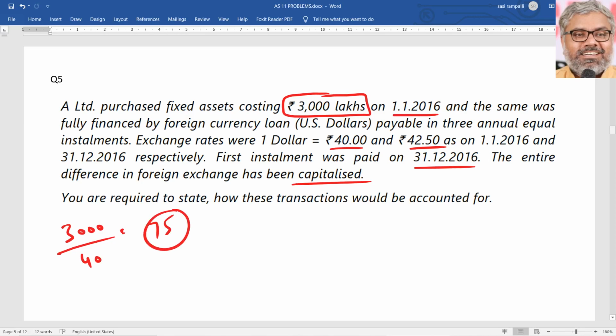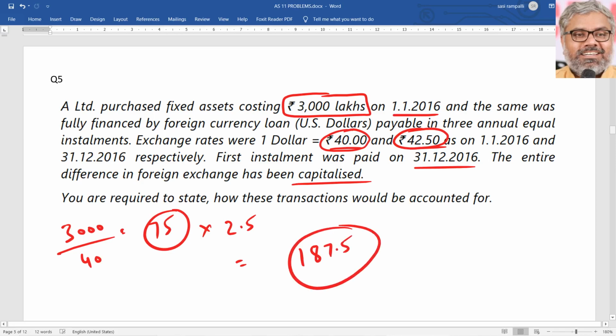On that 75 lakhs dollars, how much is the exchange difference? 2.5 per dollar, because from 40 it became 42.5, which means 2.5 is the exchange difference. So 75 into 2.5, 187.5 lakhs is the exchange difference, definitely, from the date of transaction to the date of reporting of the balance sheet.